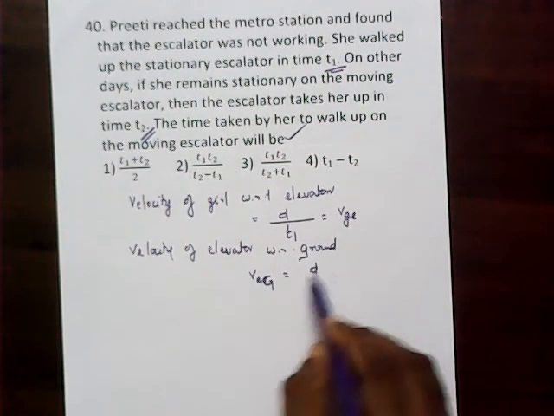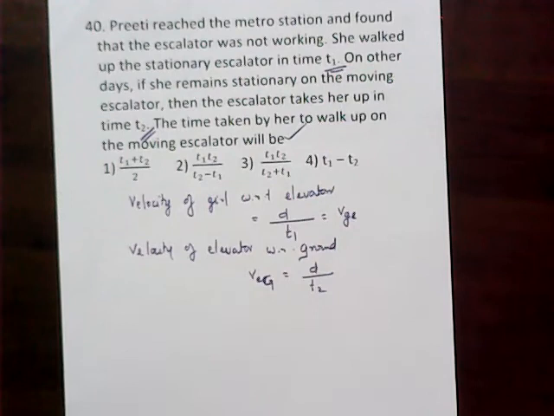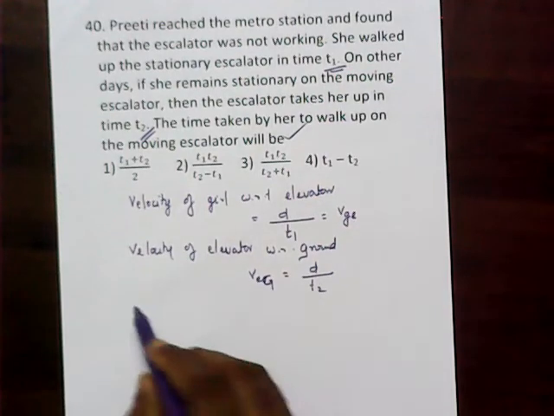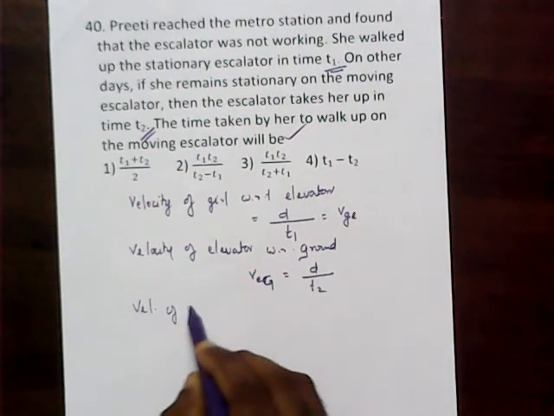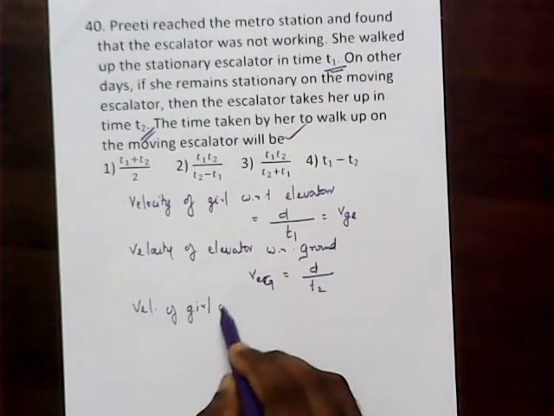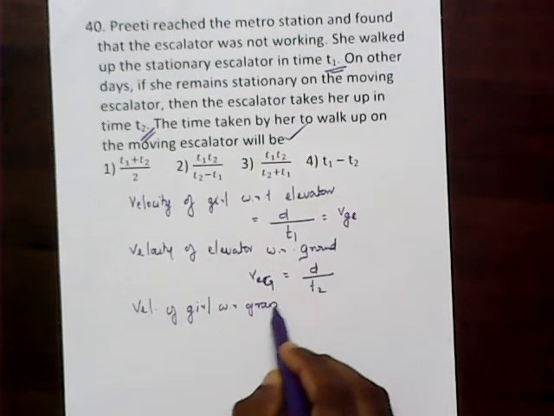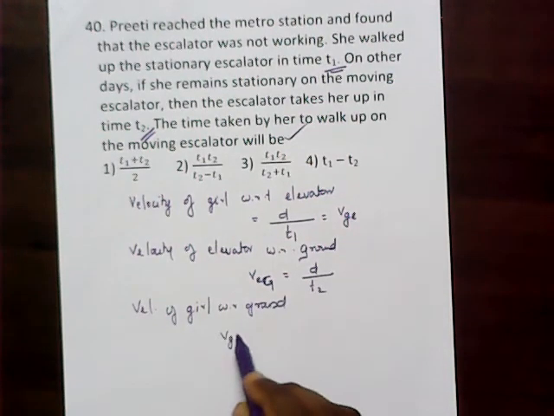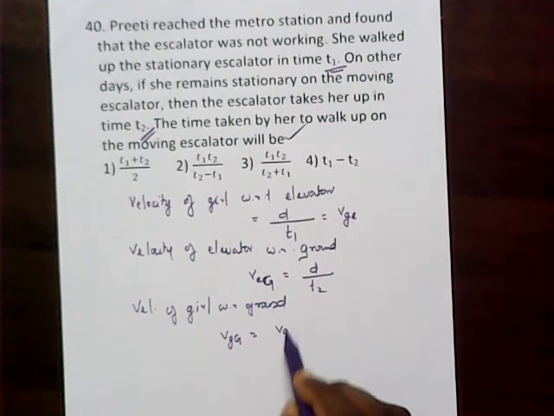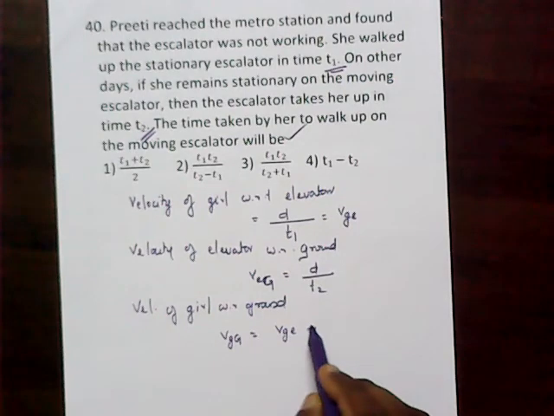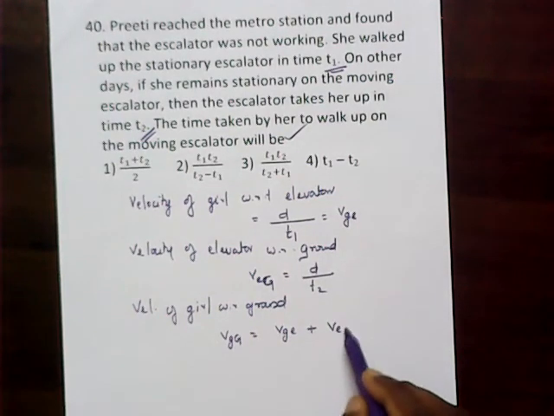That is d by T2. So we can easily find the velocity of the girl with respect to the ground: V_G equals V_GE plus V_EG.